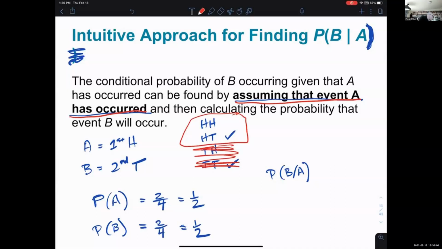By assuming that I got heads on the first toss, I can restrict what I'm looking at to only those situations where I got heads on the first toss. And then I can calculate the probability of B, which was that the second toss was tails. Well, when I considered all the possibilities, there were 2 of the 4 where the second toss was tails. If I restrict that to only the ones where heads on the first toss occurred, then I'm only down to those 2 possibilities.